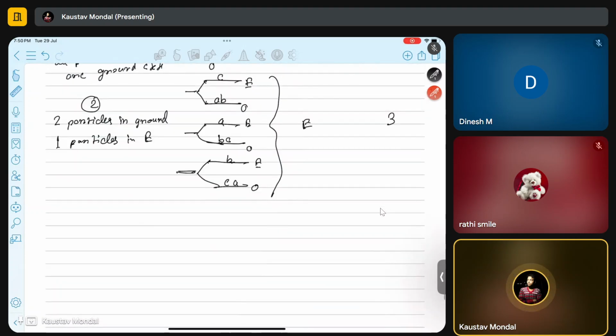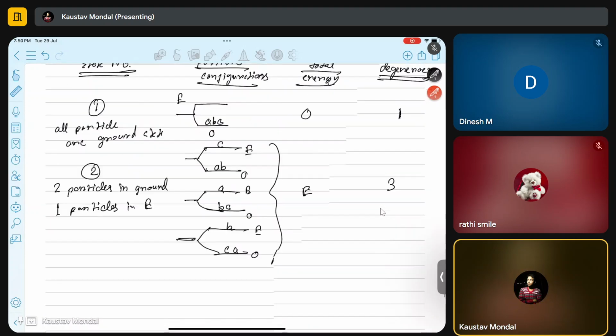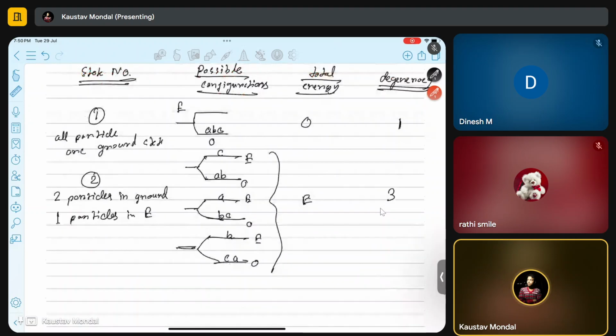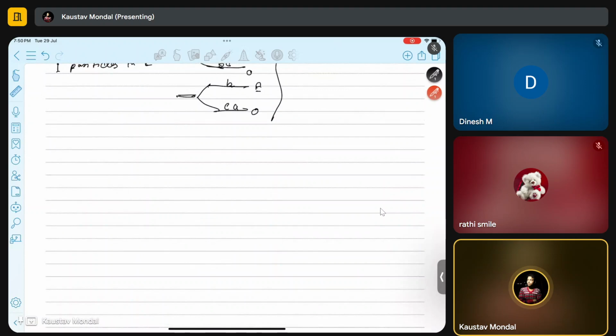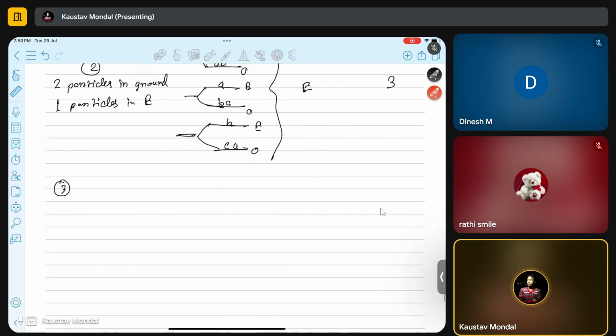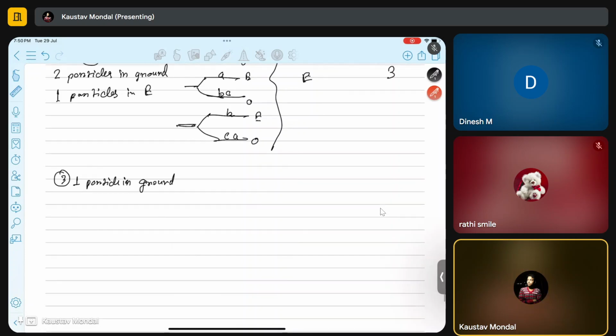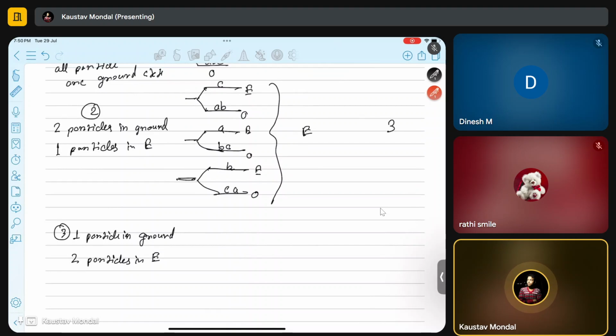Now the third case: one particle in the ground state and two particles in the energy state E. It's the opposite of the second one.